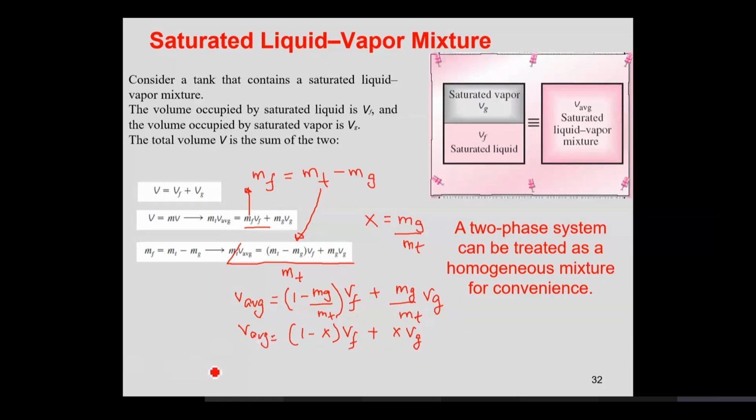All right. Now, if I open up this bracket, I would essentially have Vf minus x Vf plus x Vg. Clear enough? Yes, sir. And I can make x the subject and write Vg minus Vf in the bracket. Clear? Yes, sir. And what is Vg minus Vf?